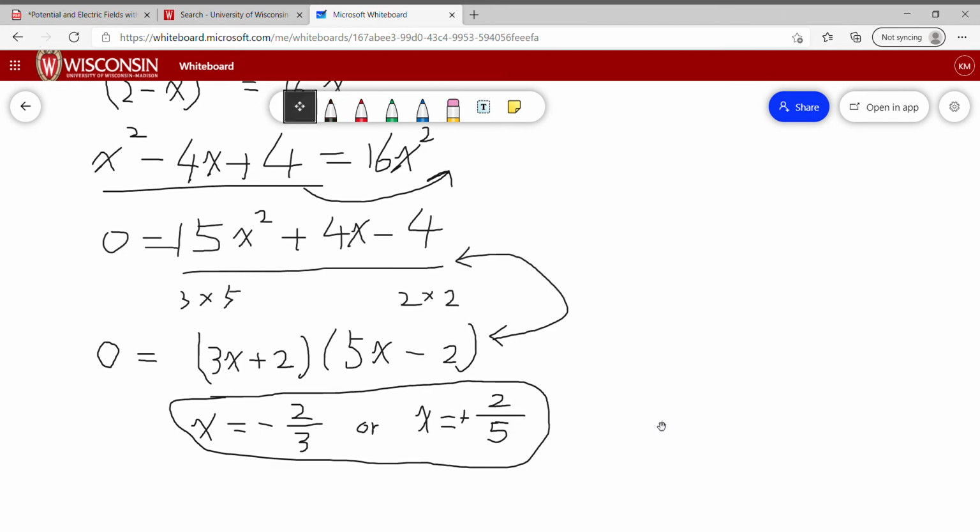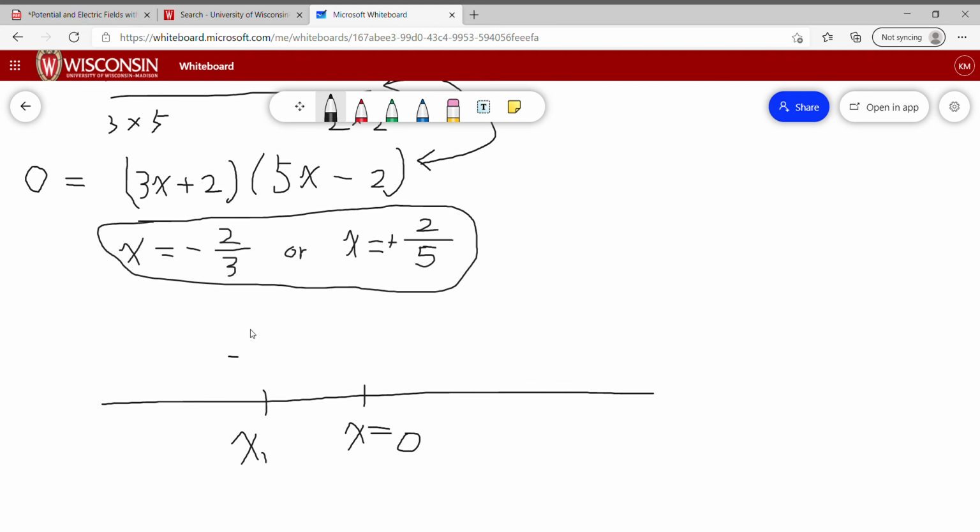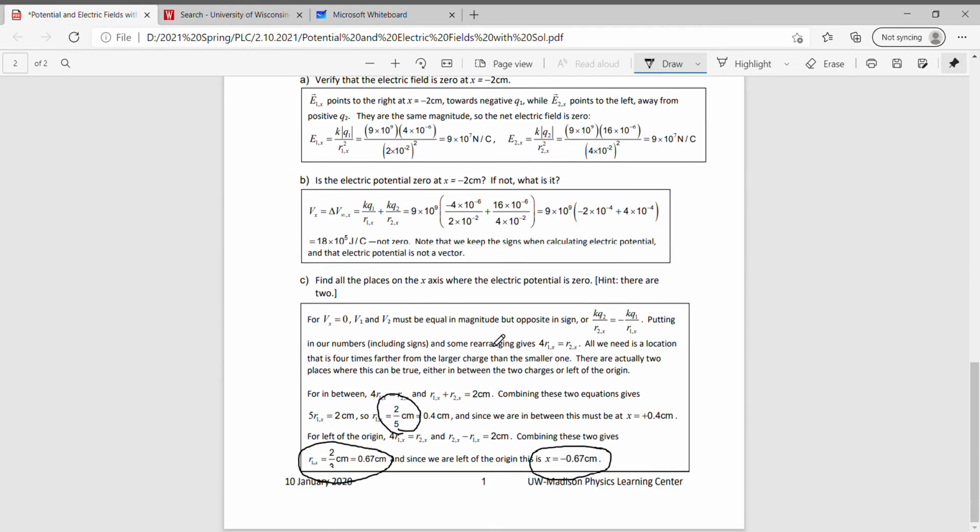Which means that on the axis, if this is x equal to 0, then minus 2 over 3 means that we have a solution here, and another solution here, which is x2 equals 2 over 5. Okay, let's check the answer.